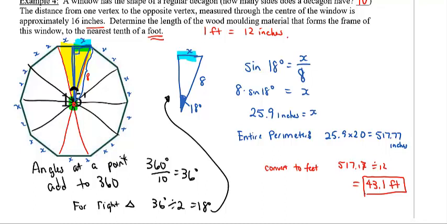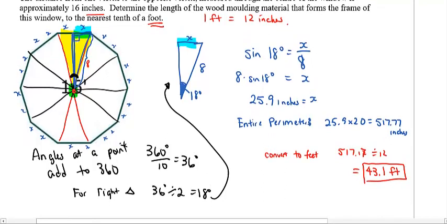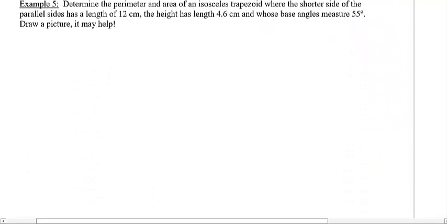Awesome, awesome, awesome. So, we'll look at example number 5 now. Okay, perimeter and area again, this time of an isosceles trapezoid, so I don't know if you've seen that before. Shorter side has 12, the height is 4.6, and the base angles measure 55, so this is 55, and this over here is also 55, so those two triangles are actually the same.